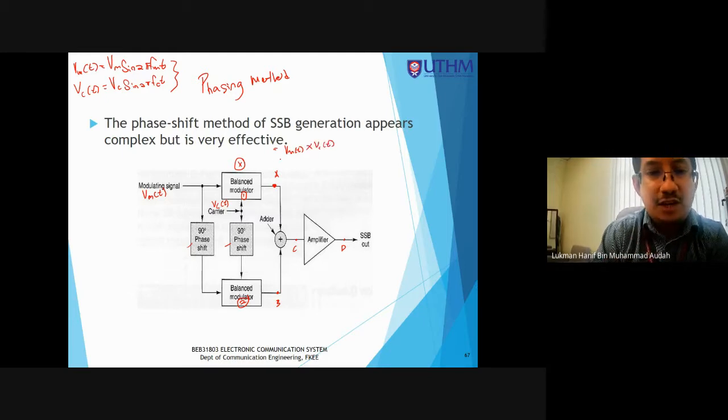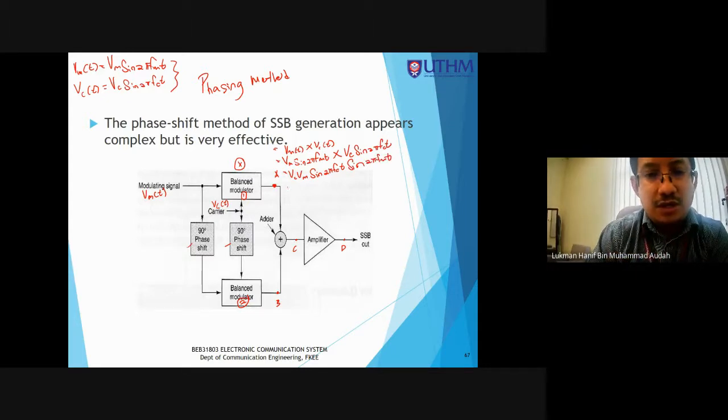Pada point A, this is equal to VM sin 2 pi FMT multiplied with VC sin 2 pi FCT. So ini menjadi VC VM sin 2 pi FCT sin 2 pi FMT.